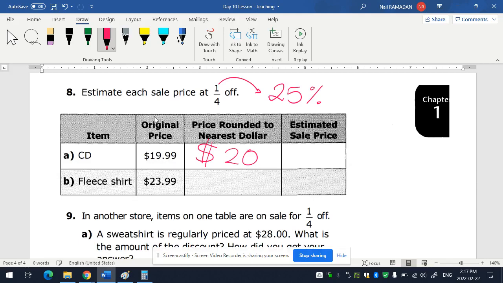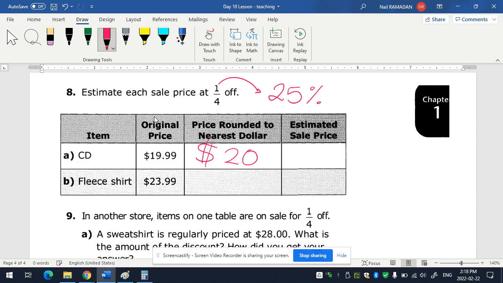Yes. Everyone, if you have a 25% discount, how much do you still have to pay? If something is 25% off, how much is not off? If you have 100% and they said 25%, you don't have to pay. How much is left? You just subtract 100 minus 25.